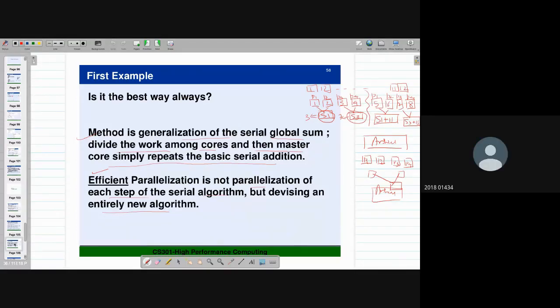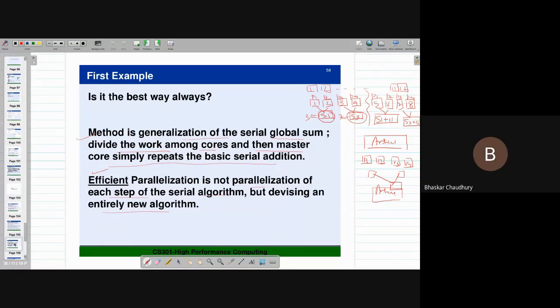I have a question here. For 1 and 2 we get S1, and for 3 and 4 we get S3, right? In that case, are the calculations of S1 and S3 happening in parallel or not? No, it is like first they communicate.